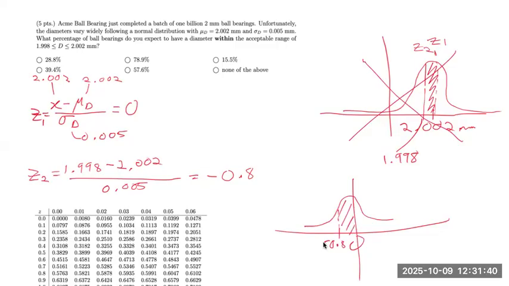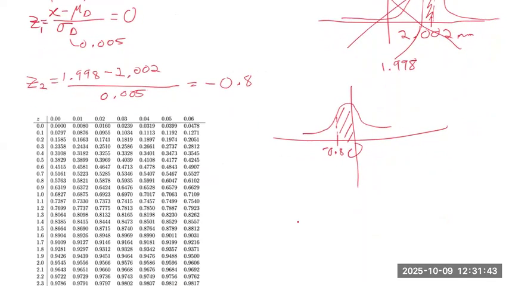So we basically want to find the probability P of x1 less than x less than x2. And this is going to be the probability of 1.998 less than x less than 2.002.